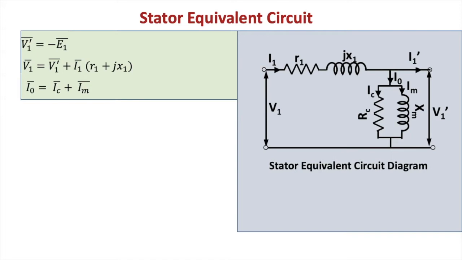The current drawn by the stator is given as I1 and the voltage applied to the stator is V1. So the equation becomes V1 is equal to V1 dash plus I1 into (R1 plus jX1), that is the impedance drop in the stator windings. But V1 dash is equal to minus E1, because V1 dash is the voltage after the drops, what is available before entering the air gap.